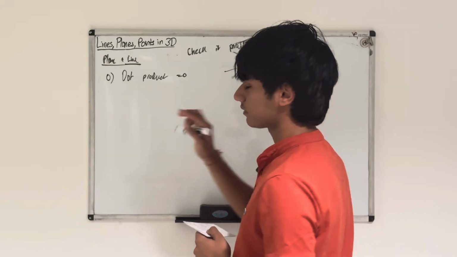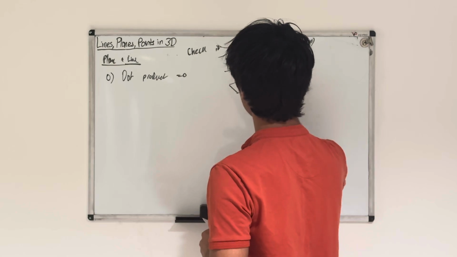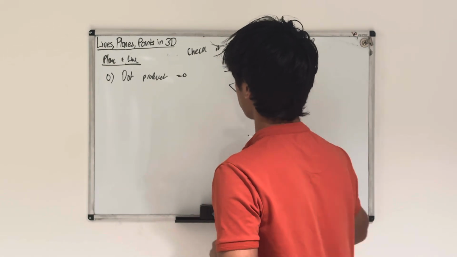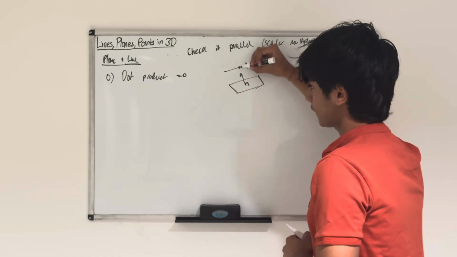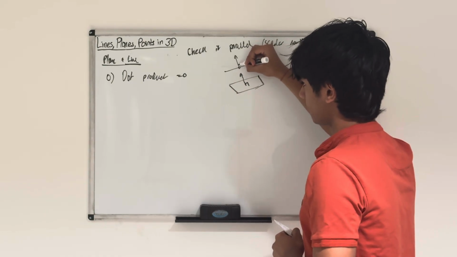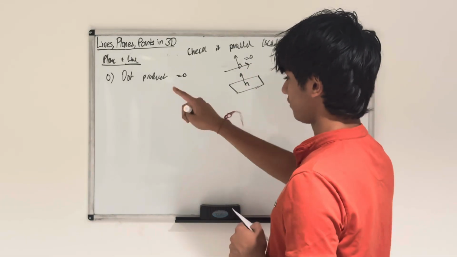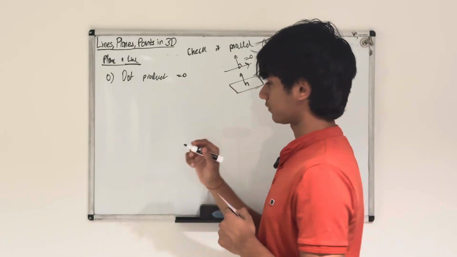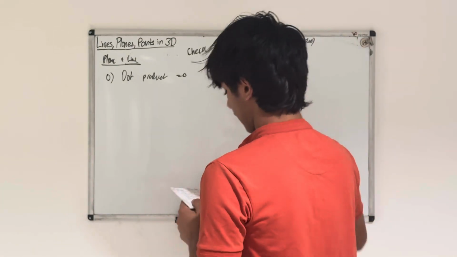The plane has a normal vector that's perpendicular to it, and the direction vector is parallel to the line. If the line and plane are parallel to each other, then the dot product of the normal and direction vector should be 0, because the dot product of two perpendicular or orthogonal vectors is equal to 0. Okay? So first check that.